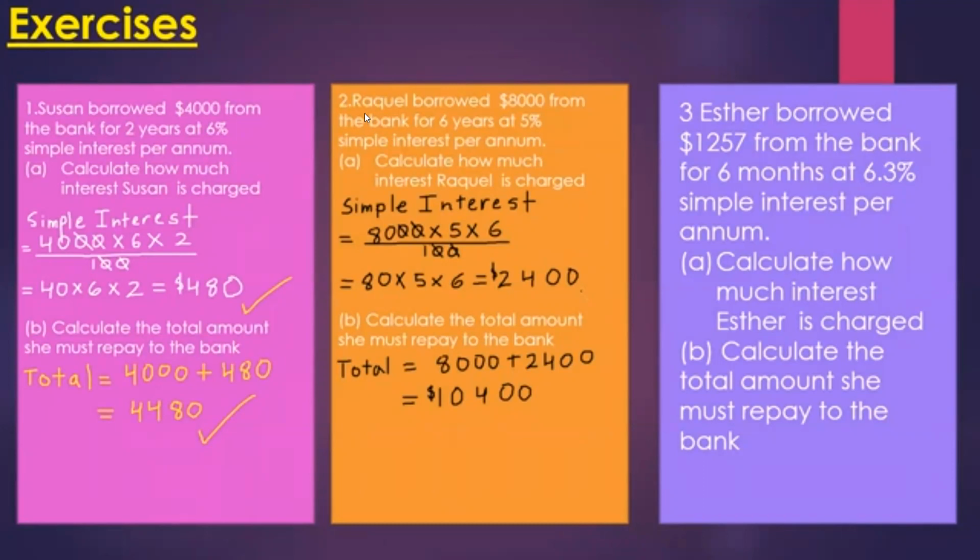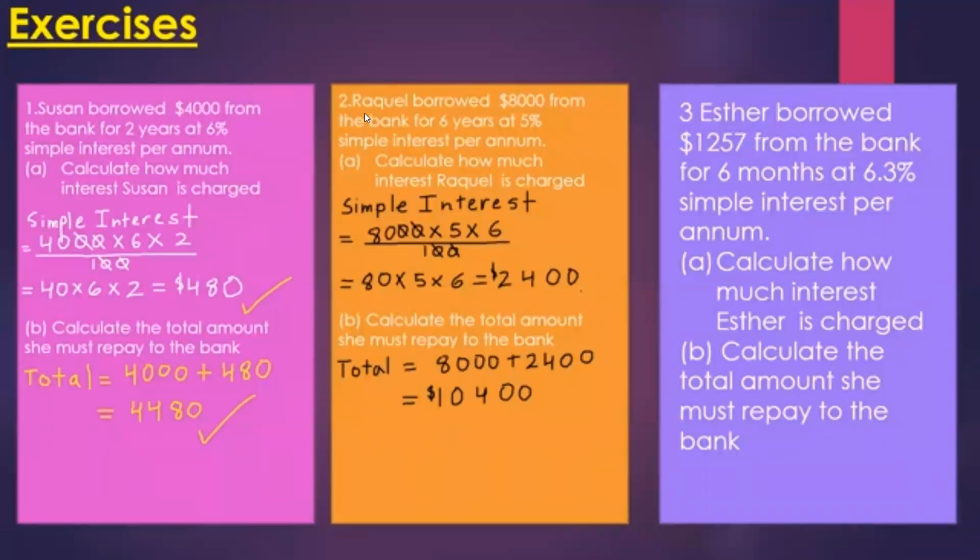So first of all, what we're trying to find in number two is the interest that he is charged, and we find that by first getting all of our numbers. We get our 8,000, we get our 6 years, and we get our 5%.